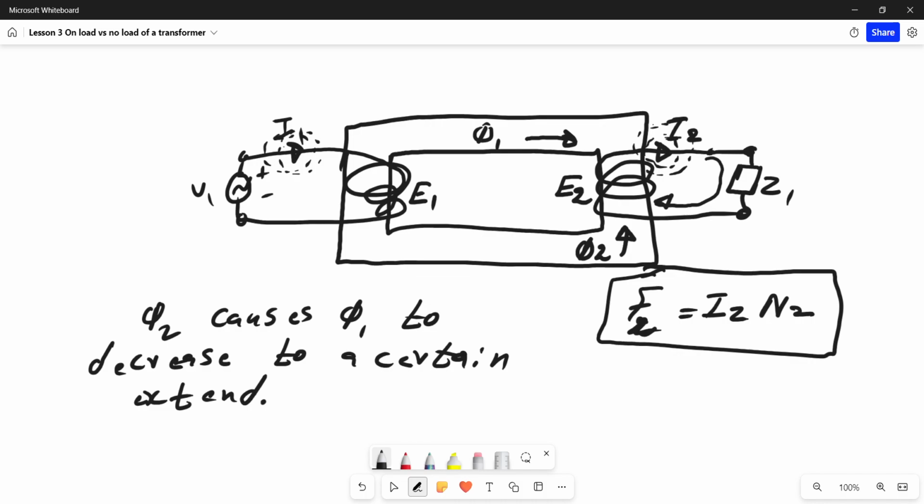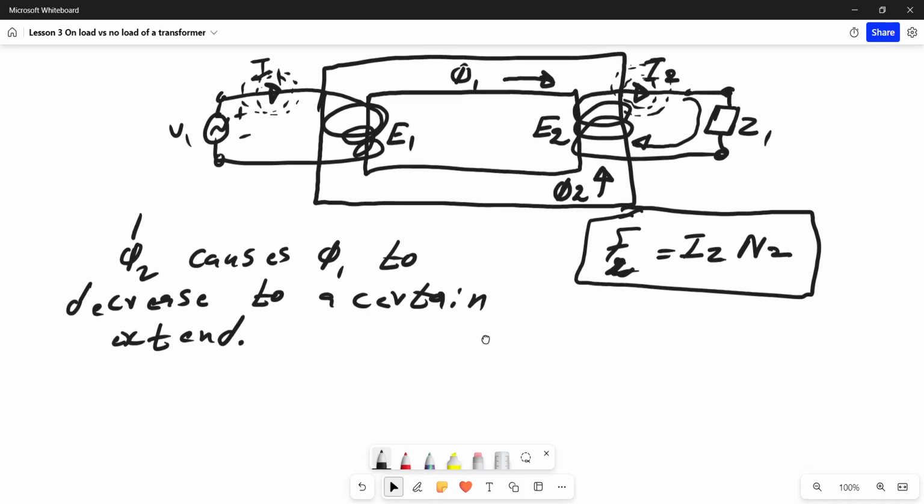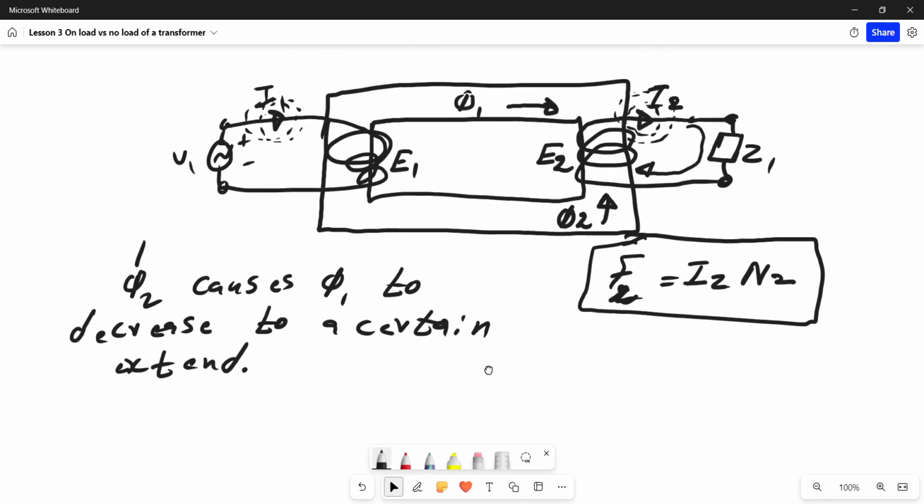Flux 1 will drop, but not to 0. It will be reduced to a certain extent because of flux 2. Now what happens when flux 1 decreases to a certain extent?